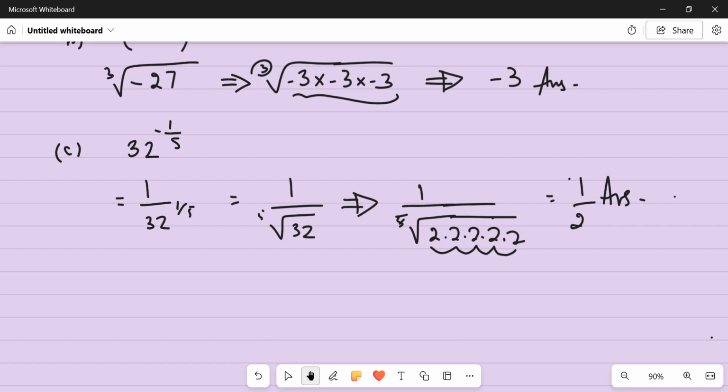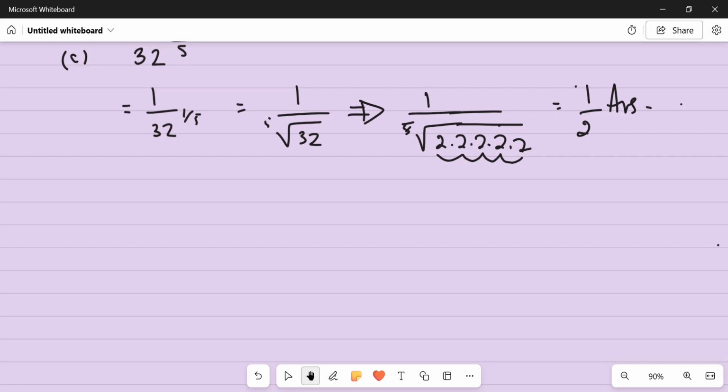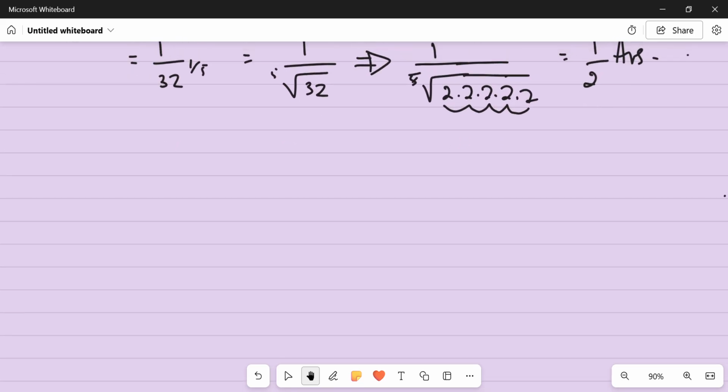Okay, and now question 7. Question 7 says evaluate each of the following without using a calculator. So here the first part is 216 raised to the power 2 over 3.